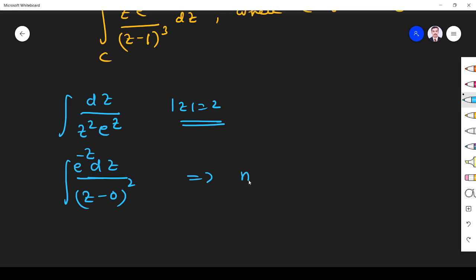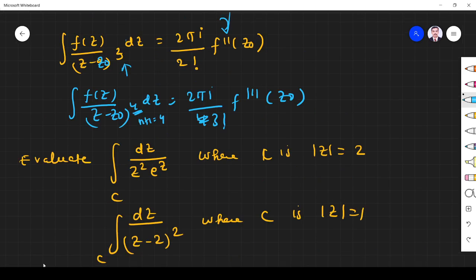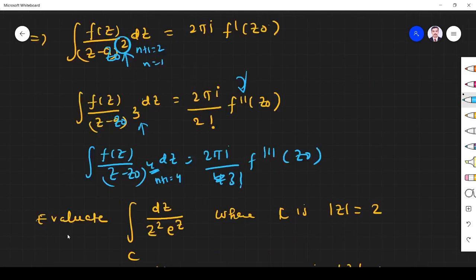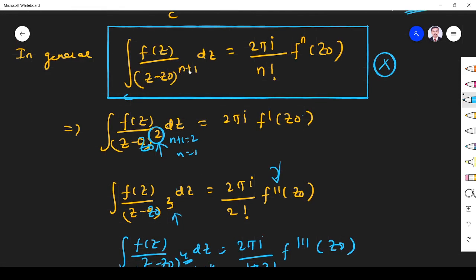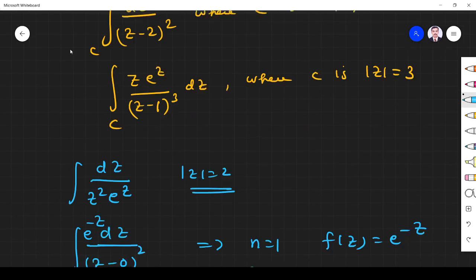This implies n is equal to 1, f of z is the numerator e power minus z, and z naught is 0. Compare with the general formula: f of z divided by z minus z naught to the power n plus 1.